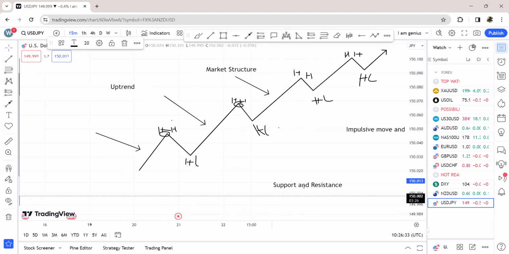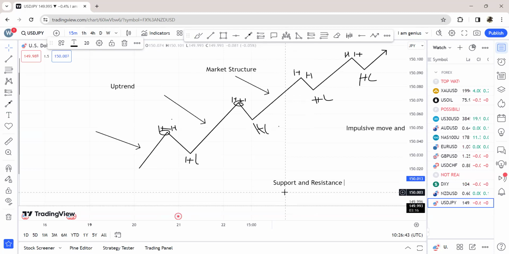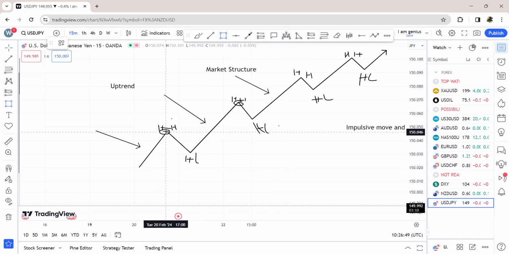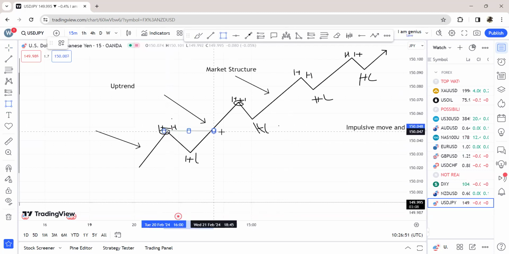You can think of support as a level the market has failed to go further down. You can think of resistance as a level the market has failed to go any further up. So what I mean is this level here, this high becomes my support level.